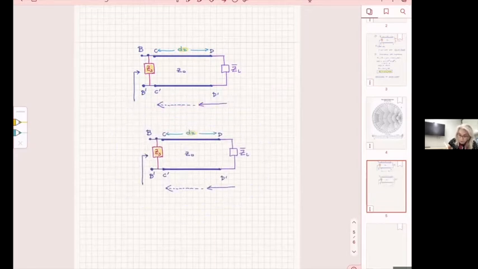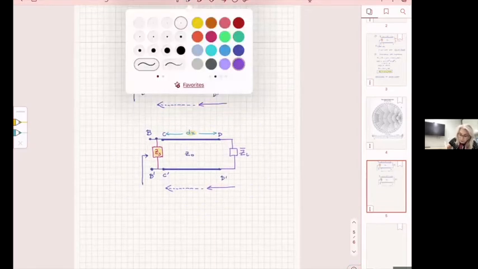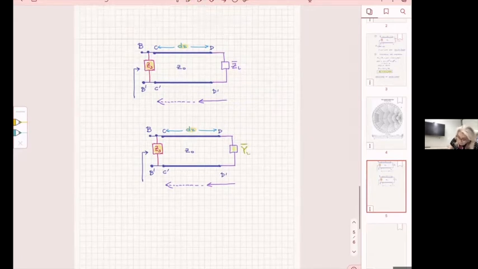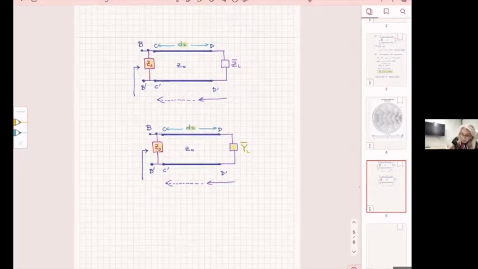So this one is going to be, instead of this, YL, normalized, and that's going to be YL. And instead of ZS there, I will put YS.